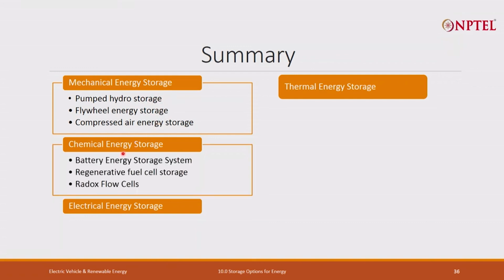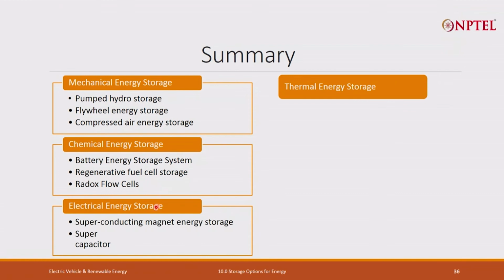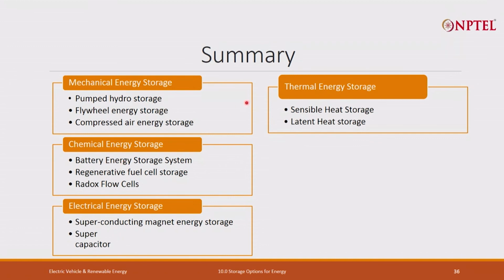Then we have discussed in chemical energy storage, battery energy storage, regenerative fuel cells, redox flow cells. Then we have talked about superconducting magnet energy storage, supercapacitor in electrical energy storage, and then in thermal energy storage, sensible heat storage and latent heat storage.